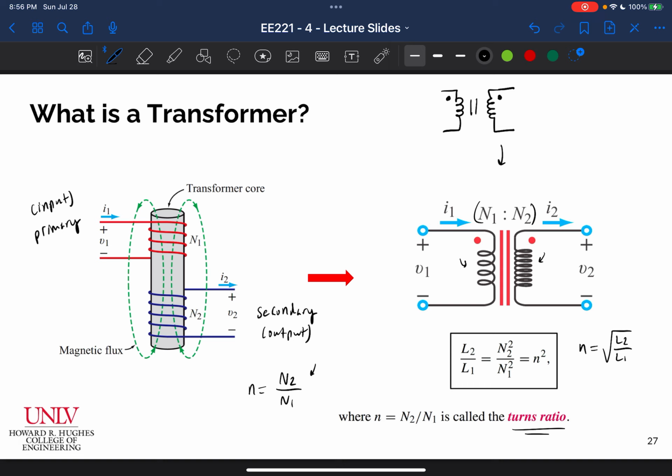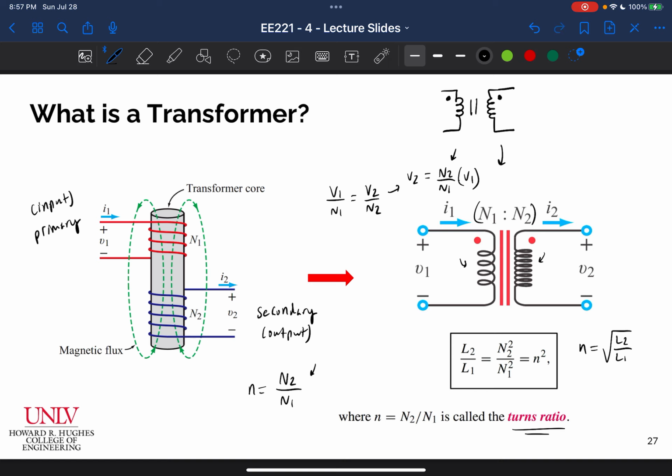So we haven't gotten there just yet, but it's the case that V1 over N1 is equal to V2 over N2. And so you can rearrange this to show that V2 is equal to N2 over N1 times V1, right? So the voltage on the secondary, V2, is equal to the voltage on the primary multiplied by this turns ratio.